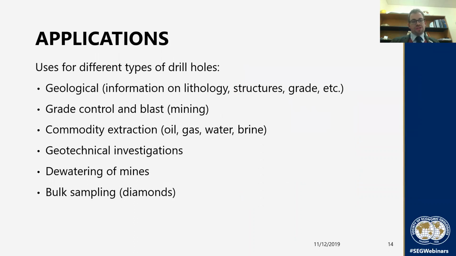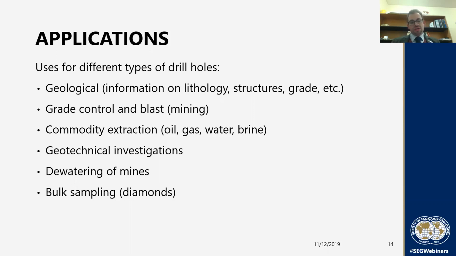So what are the different applications or the types of drill holes that you can produce and that you can drill? Well, first of all, and the most obvious one is geological drill holes. If you drill, for example, a diamond core, you will get information on lithologies, structures, grade, and that's what we geologists are usually familiar with.